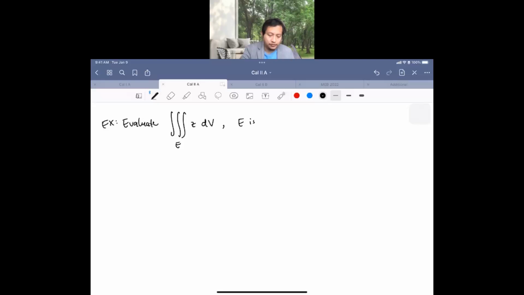And then E is the solid in the first octant bounded by the surface z equals 12xy and planes y equals x, x equals 1.